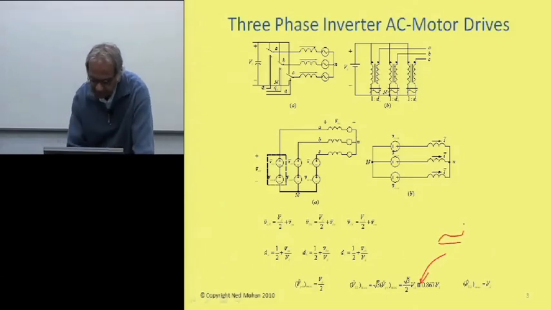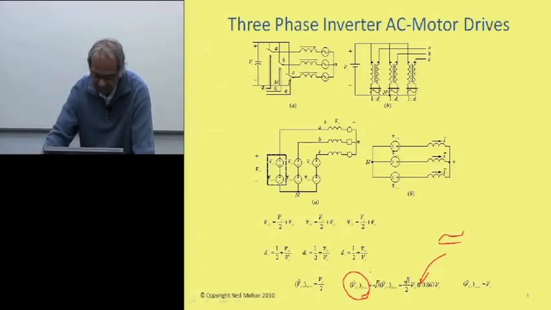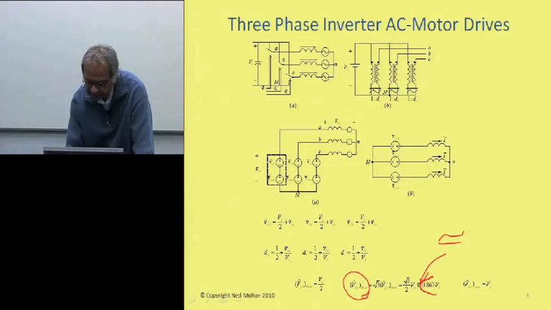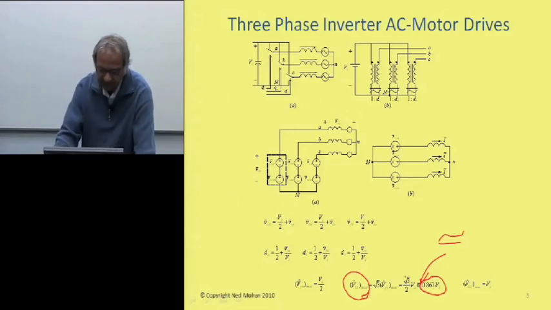Okay, so the maximum value of the peak line-to-line voltage in this sine PWM turns out to be about 0.867 times the DC voltage coming in here, Vd.